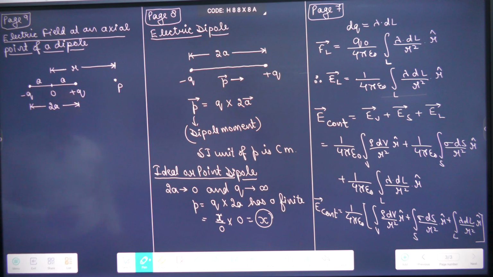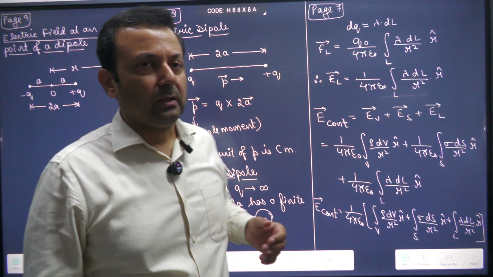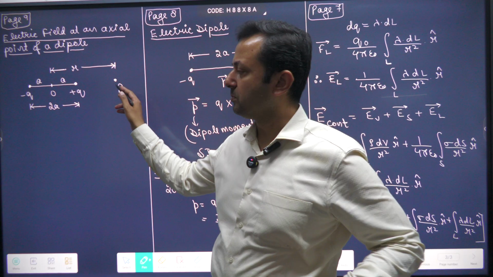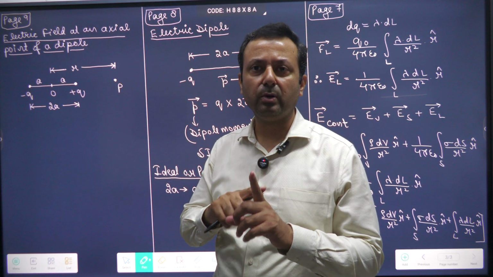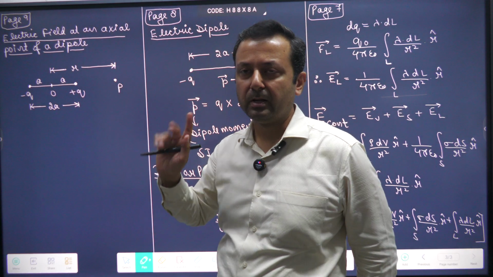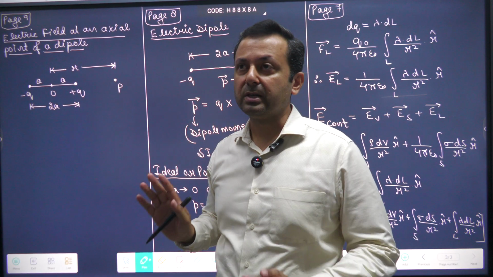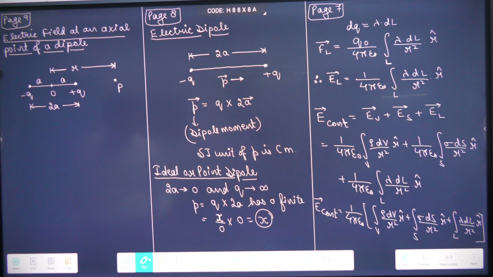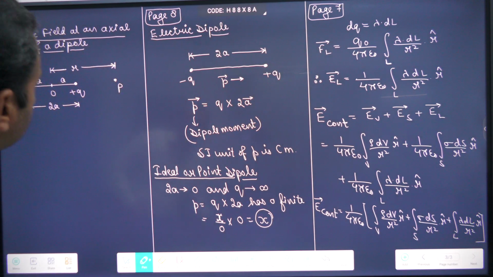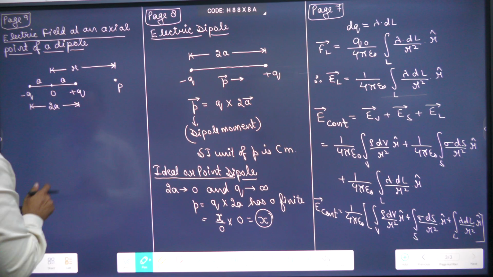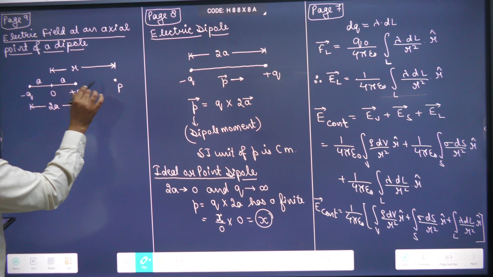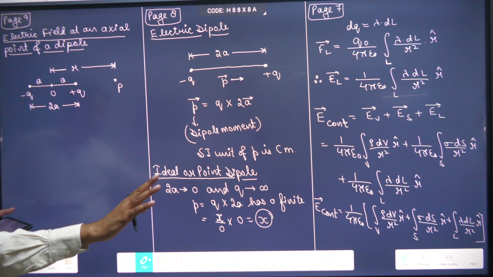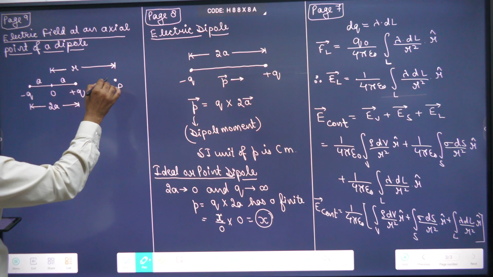All right. Then for calculating electric field, we always consider that a small unit positive charge, meaning 1 coulomb charge, is kept at this point P. This plus q is a positive charge, and it will repel this positive charge.